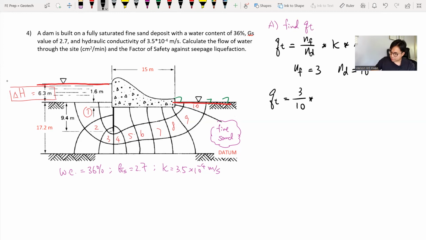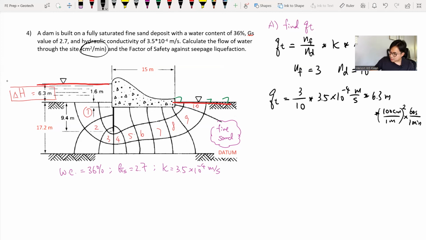And again, keep track of all the units. The conductivity is per second, and the height is 6.3 meters. And we want to express our answer in terms of centimeters and minutes. So we do our unit conversions there. We multiply that by 100 centimeters per meter squared, and then change to minutes, so 60 seconds per 1 minute.